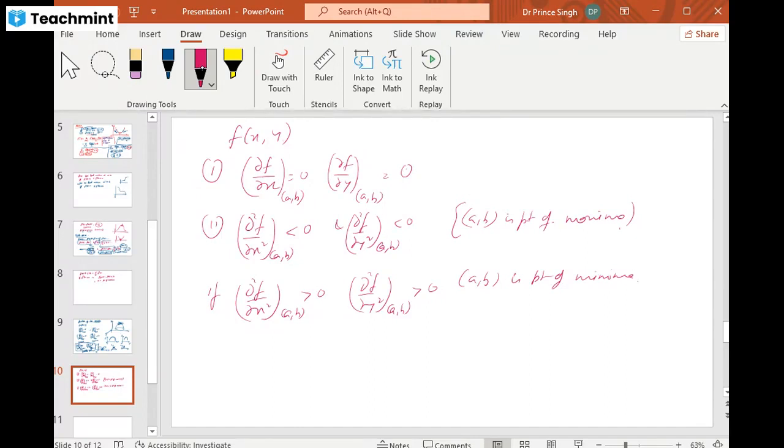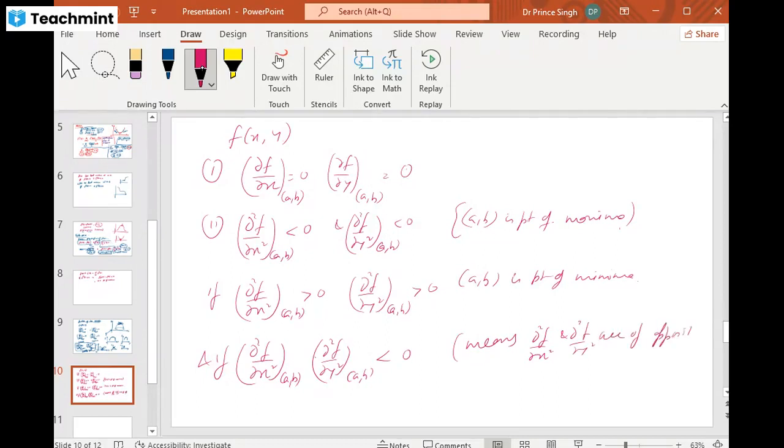And if they are of alternate sign, if ∂²f/∂x² at (a,b) into ∂²f/∂y² at (a,b) is less than 0, meaning ∂²f/∂x² and ∂²f/∂y² are of opposite sign, then it is the saddle point.